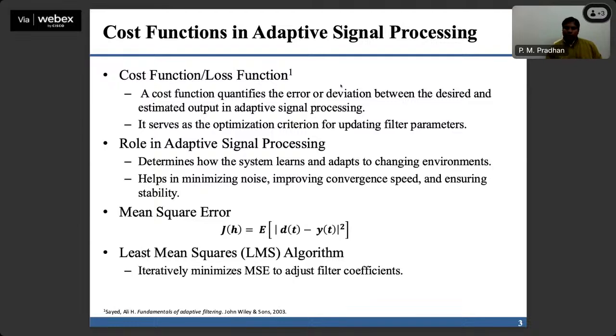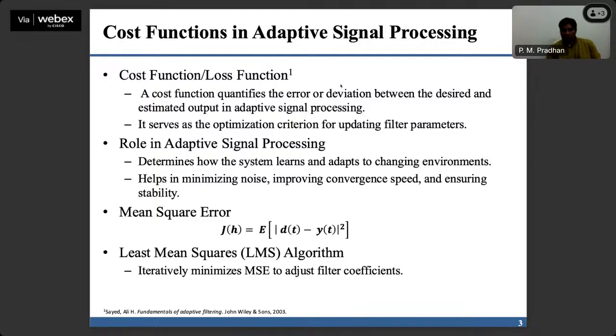Okay. So, for example, if you look at the absolute value of error, let's say instead of mod of d(t) minus y(t) whole square, we could have gone for mod of d(t) minus y(t), which is nothing but mod of the error function. But since you are going to use this as a cost function down the line, and you want to reduce the error, effectively you want to minimize the cost function that you have designed.